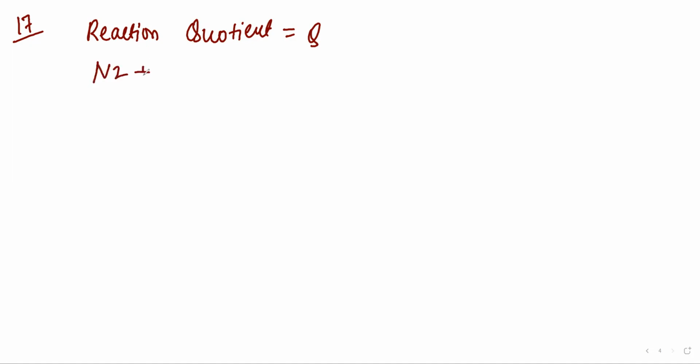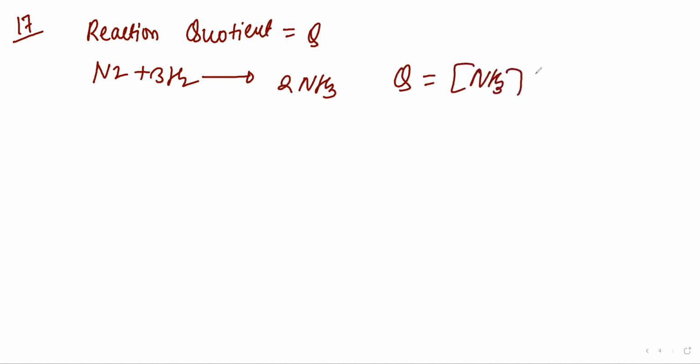Now see the question number 17. The reaction quotient is given, that is Q. For the reaction nitrogen plus 3 moles of hydrogen reacting to produce 2NH3, Q is given by the concentration of ammonia raised to 2, the coefficient we write, right?